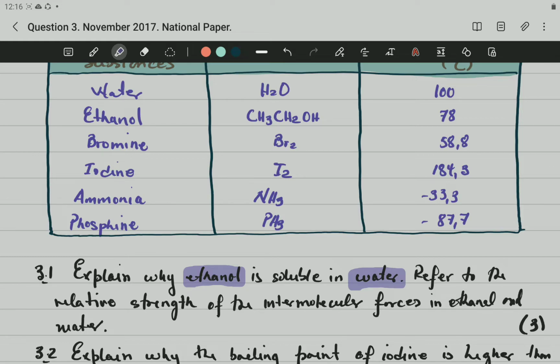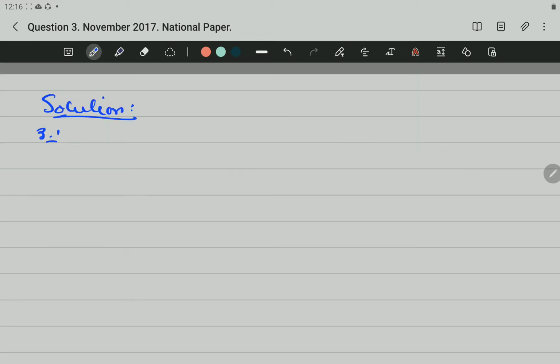So let's answer this question. They are asking about ethanol and water. Let's quickly write down the Lewis dot diagram for water and for ethanol.